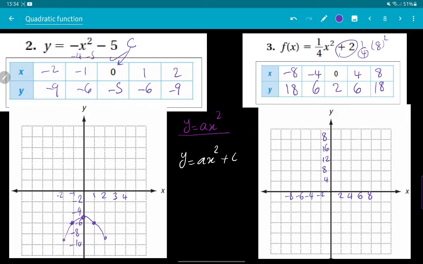Plot the points: 0 and 2, 4 and 6, -4 and 6, 8 and 18, -8 and 18.